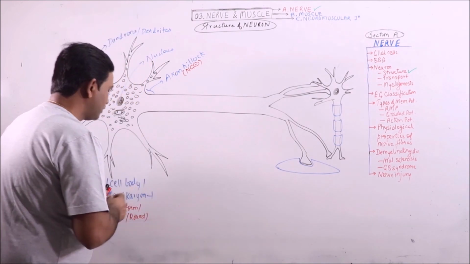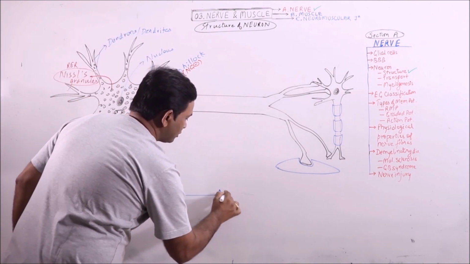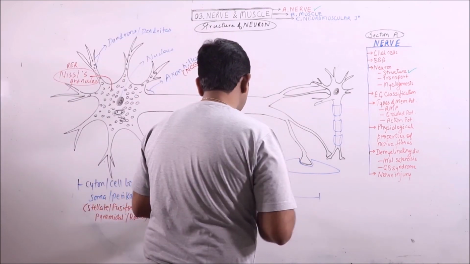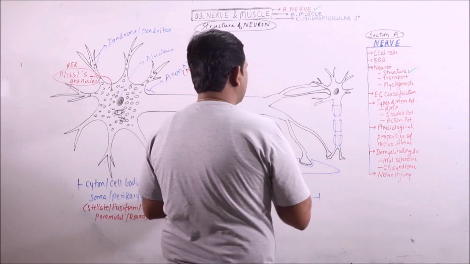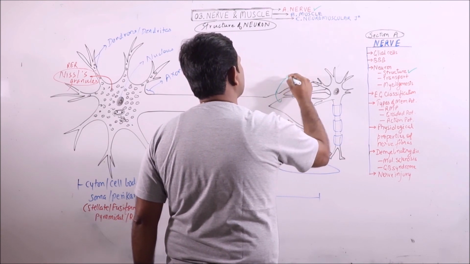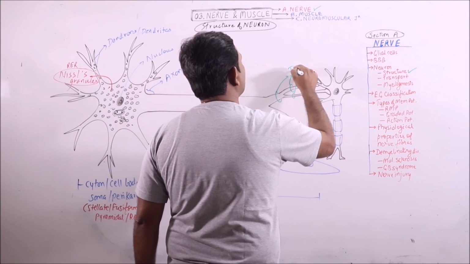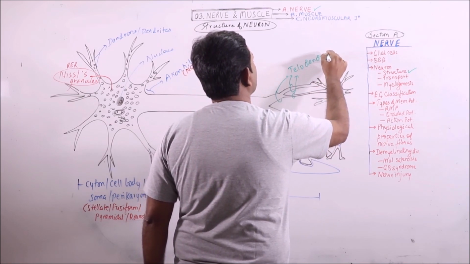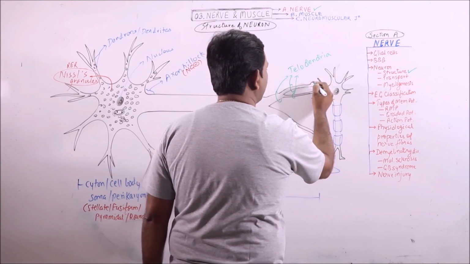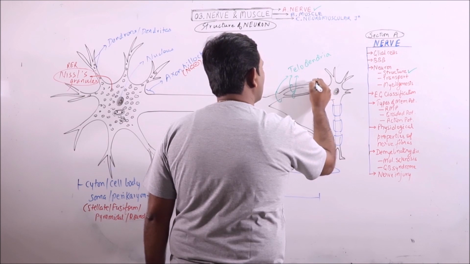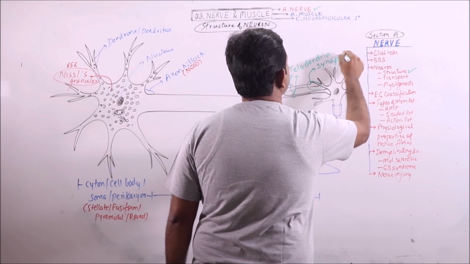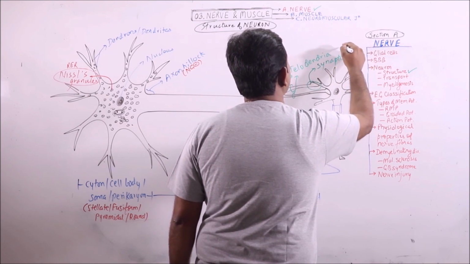So, first of all, the remaining part of neuron is axon. Axon is dividing into many branches which are termed as telodendria. Telodendria are having the terminal swollen portions, known as synaptic knob or terminal buttons.